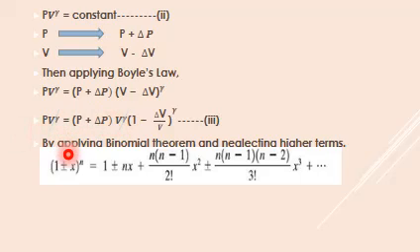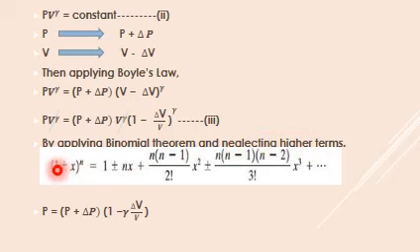So if I have to solve this 1 minus delta V upon V, then I can write it as 1 minus gamma into delta V upon V. Okay, so this will be the final expression for this equation number 3 after applying the binomial theorem.